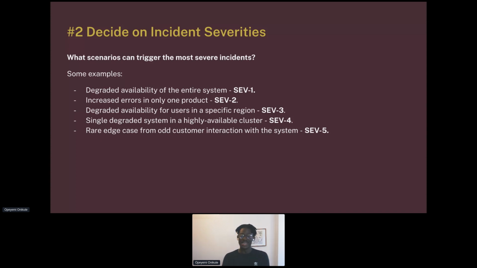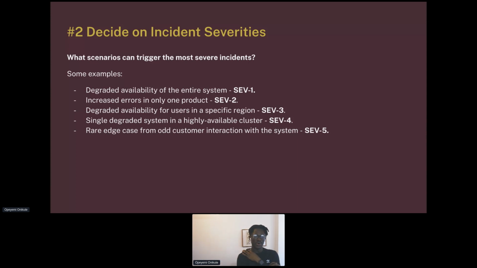One very important thing here is do not feel pressure to get the severity right from the jump. It's better to be wrong than not to declare an incident, right? So you should have an open culture in your company where people are not afraid to get the severity wrong, right?